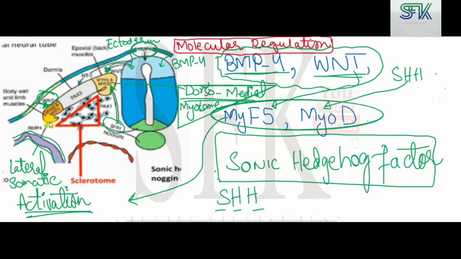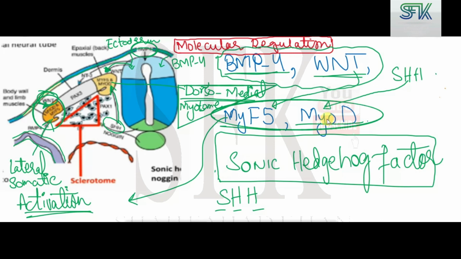The BMP4 is secreted from here, and the Vent protein is secreted by the ectoderm. Once both of them, the Vent and the BMP4, reach the ventrolateral aspect of the myotome, they activate the same proteins, the MYF5 and the MyoD.